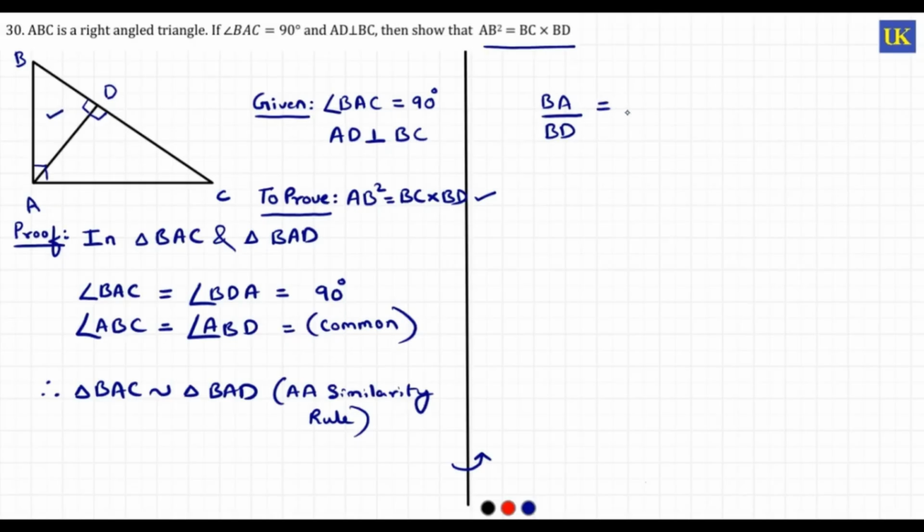Then equal to, I will write AC upon DA, which is another side of this triangle. DA is equal to, I will write BC, which is the hypotenuse of the bigger triangle, upon the hypotenuse of the smaller triangle. The hypotenuse will be AB of the small triangle. AB or BA, anything you can write.